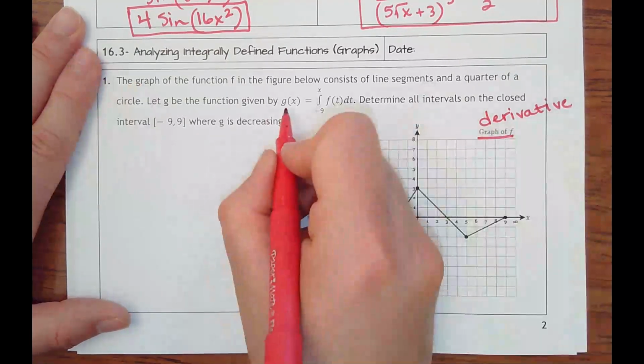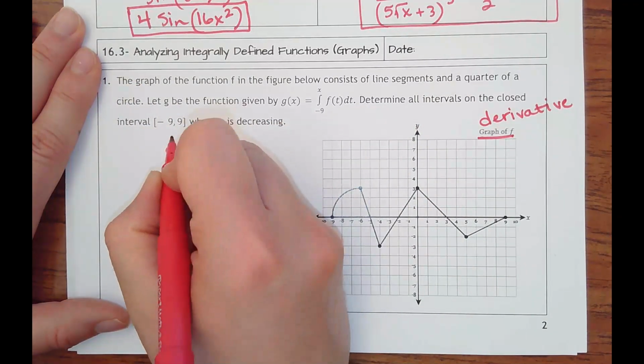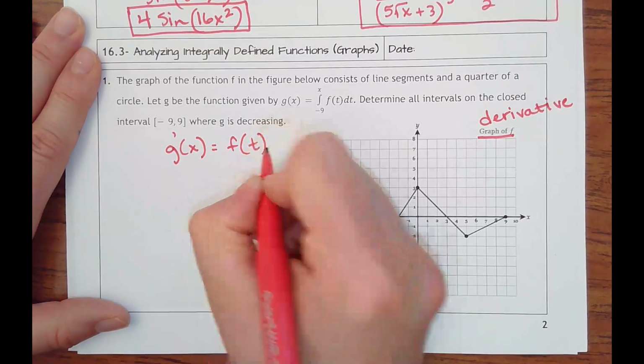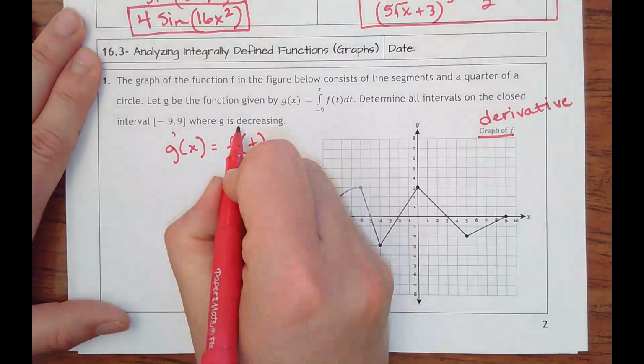So think that we had g of x. The derivative of that is actually f of x, or f of t. Okay, so we're thinking backwards. Where did we know that the normal function was decreasing?